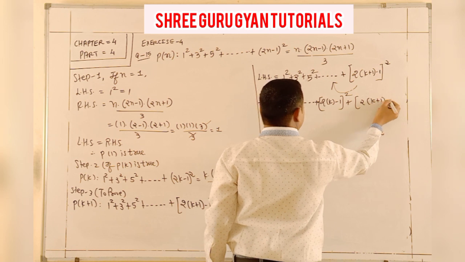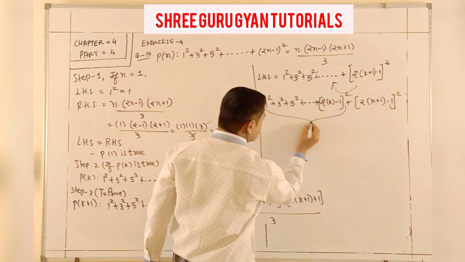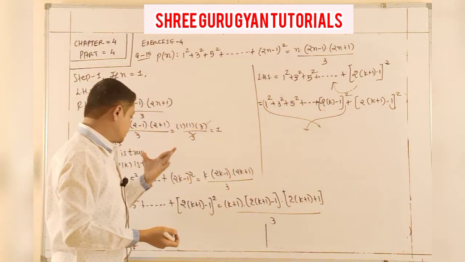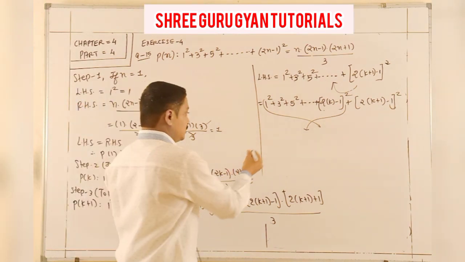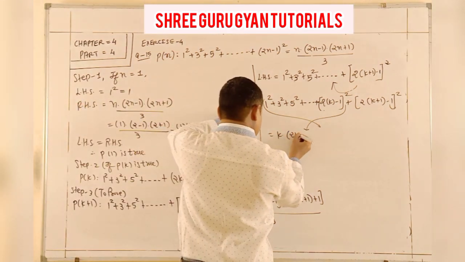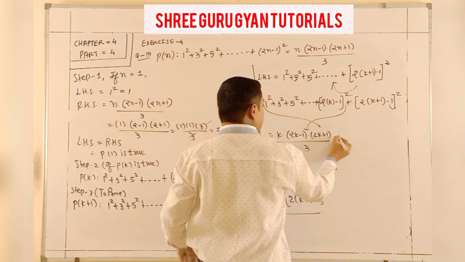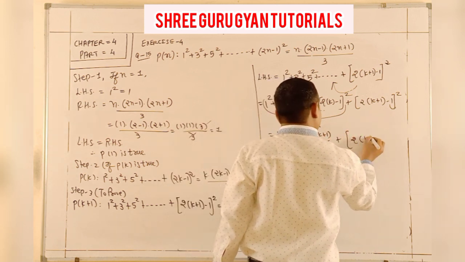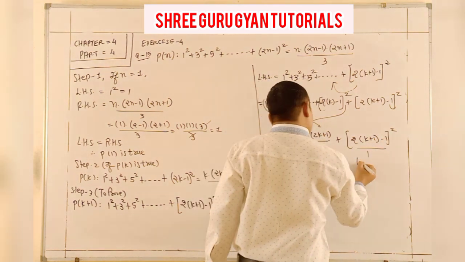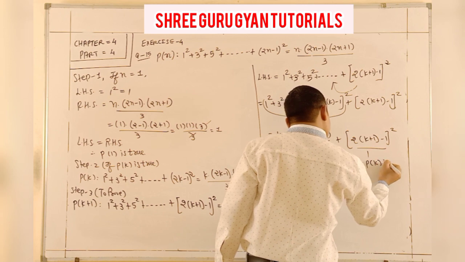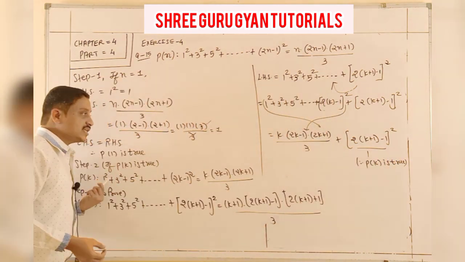Nothing to do with that. These terms are from our step number 2, and the answer is known: k times (2k minus 1) times (2k plus 1) by 3, and here plus the last term as it is. And you declare this because Pk is true. I mean, students, I am telling about step 2.